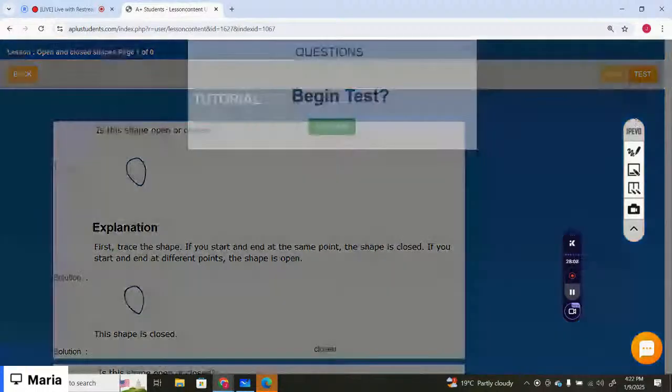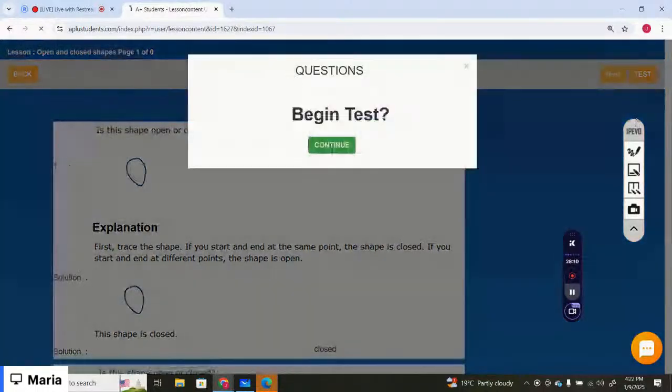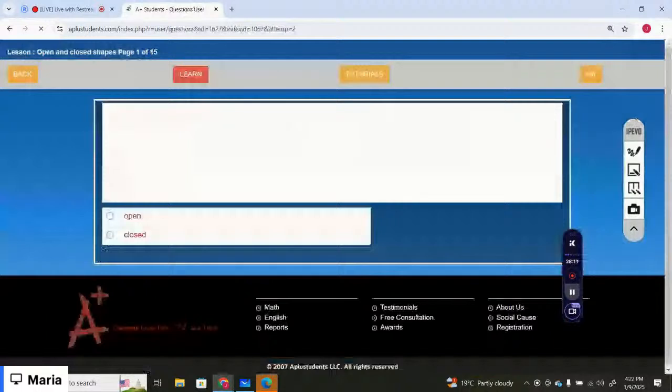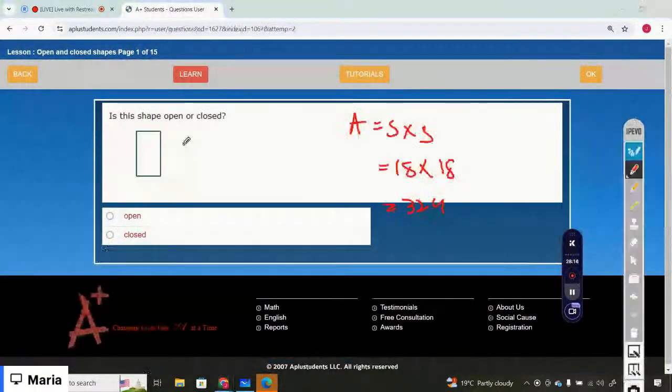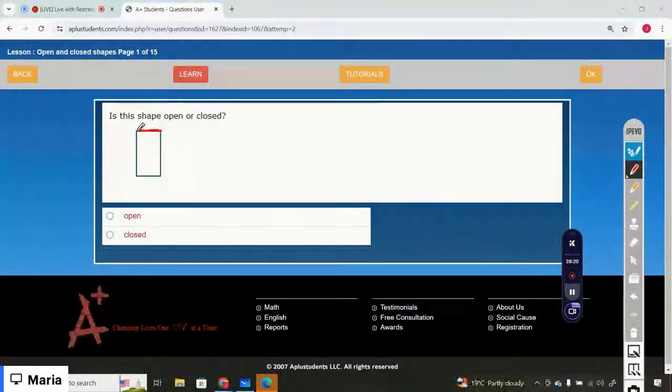How do we know? We have to start tracing the shape. If you start tracing and end at the same point, then that is a closed shape. Just look at this one, start tracing from here and look, I started and ended at the same point, right?